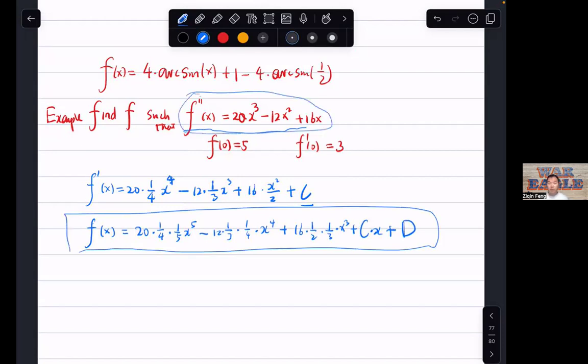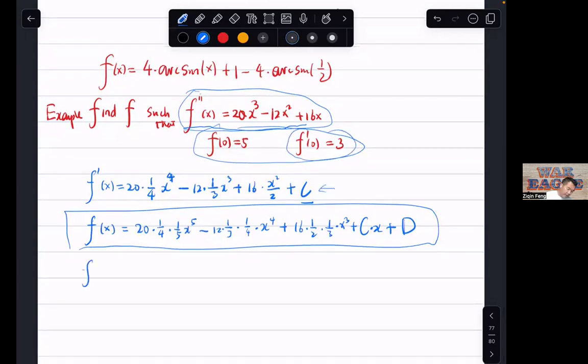We want to use the initial conditions to fix the value of C and the value of D. If you plug in f prime of 0 equals 3, look at our derivative formula: you get 3 equals this term 0, this term 0, this term also 0.